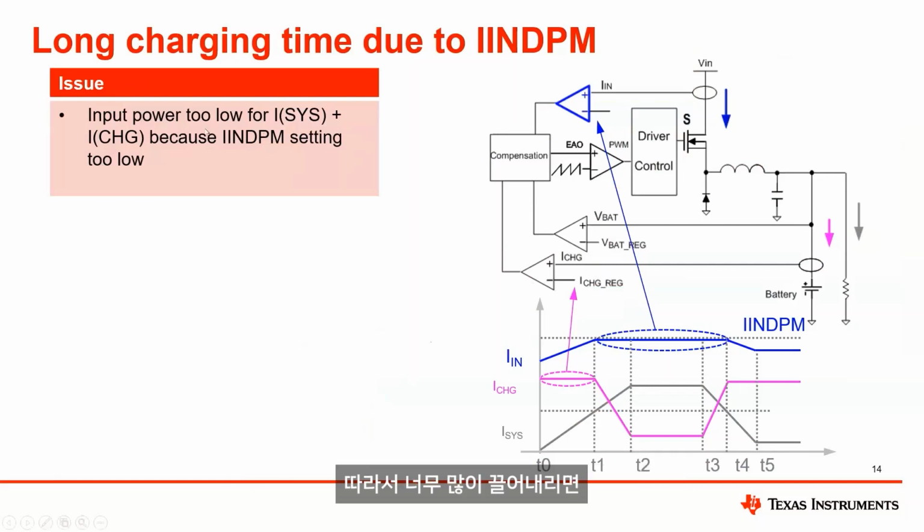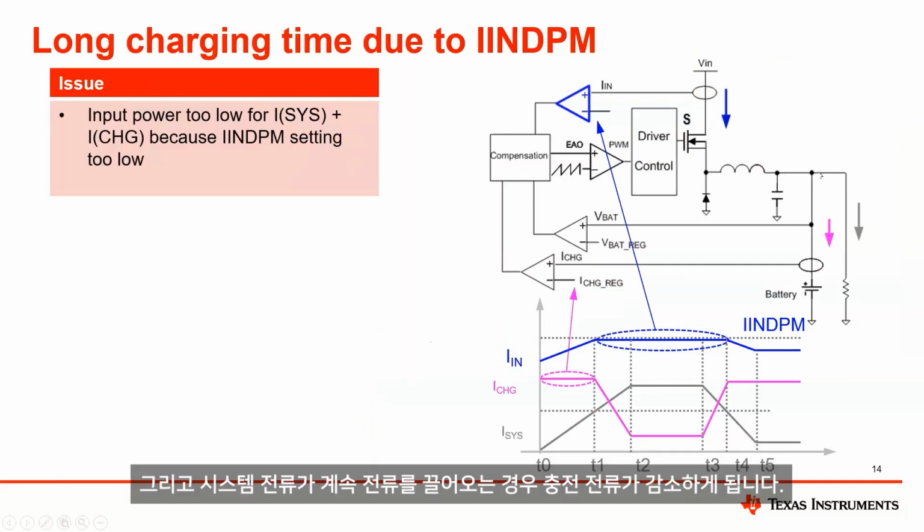If you do end up pulling too much out of it, then this loop is going to kick in, and it's going to clamp the PWM signal, which means that our output power is clamped, and that will end up reducing your charge current in the event that your system current is still pulling current.